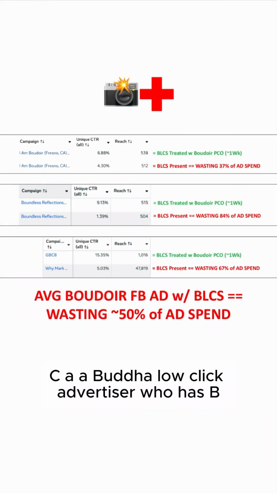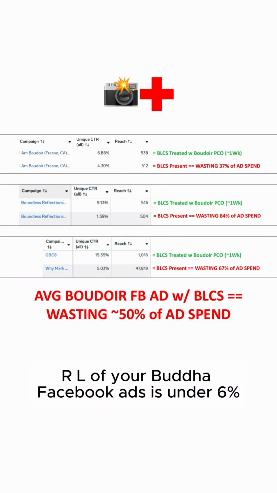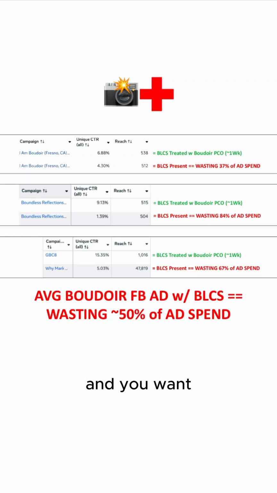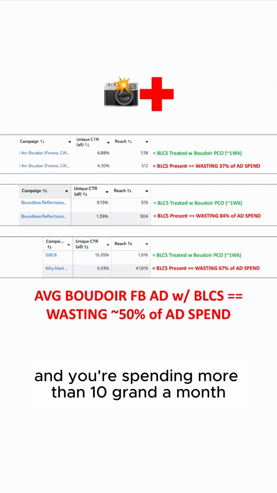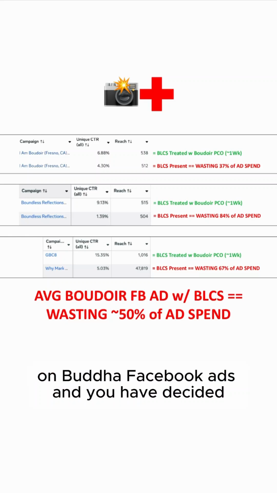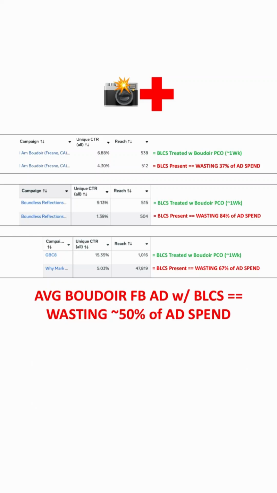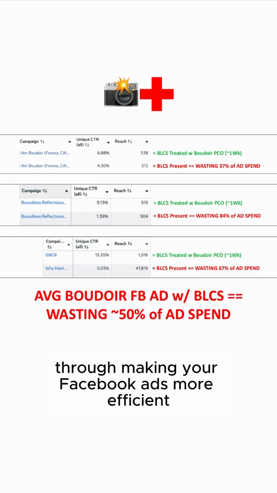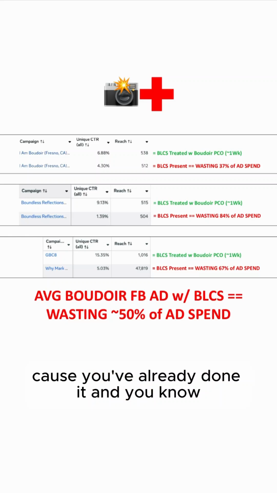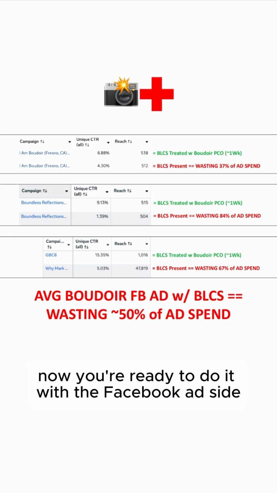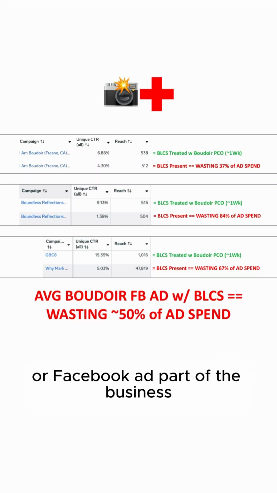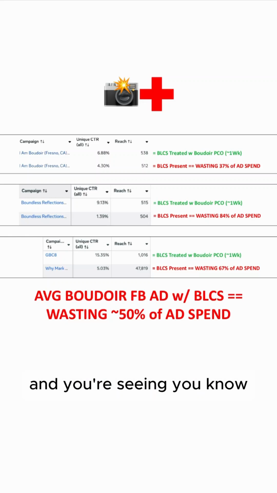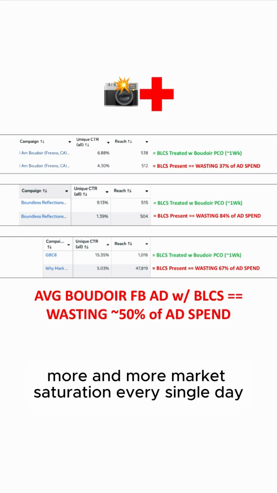If you're a BLCA, a Boudoir low click advertiser who has BLCS, Boudoir low click syndrome, the unique CTR of your Boudoir Facebook ads is under 6%, you're spending more than 10 grand a month on Boudoir Facebook ads, and you've decided you need to pull more efficiency and more profit out of your business by making your Boudoir Facebook ads more efficient, because you've already done it in other places in your business. Now you're ready to do it with the Facebook ad part of the business, and you're seeing more and more market saturation every single day.